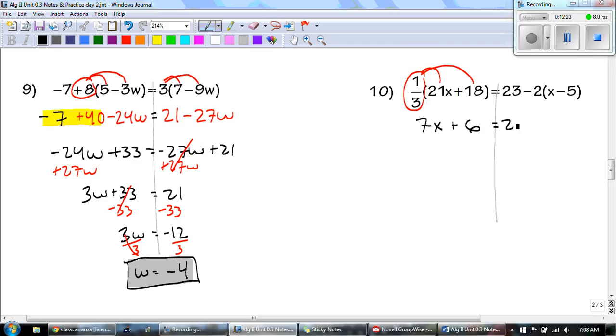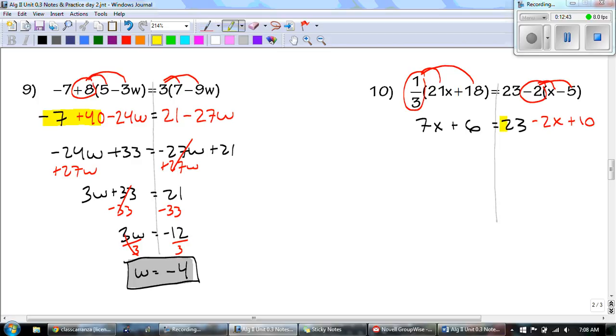And if you aren't doing that in your head and you're using a calculator, which is fine, make sure you put the fraction in parentheses. Now back here we're distributing a negative 2, so that turns to a negative 2x and a positive 10.